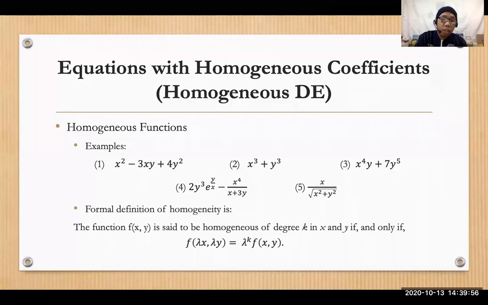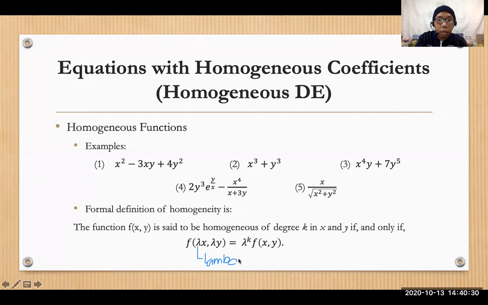The formal definition states that the function f of x and y is said to be homogeneous of degree k in x and y if and only if the function f of lambda x and lambda y is equal to lambda raised to k times the given function. Again, we utilize here the Greek letter lambda. Let me just type it in here. This Greek symbol is lambda.